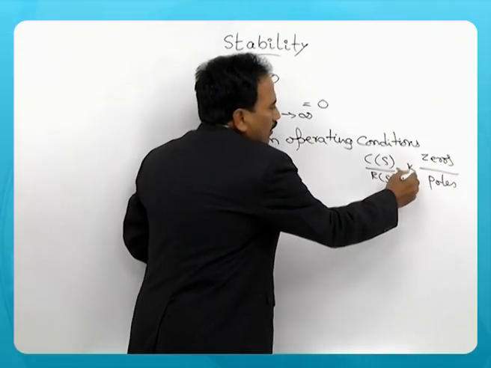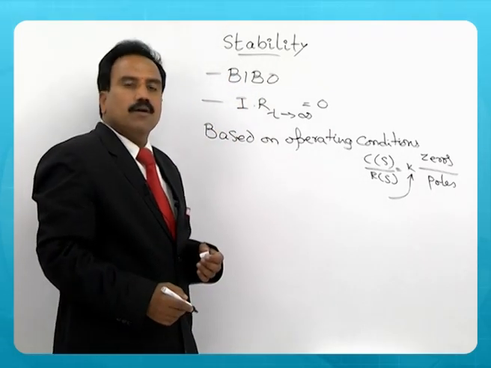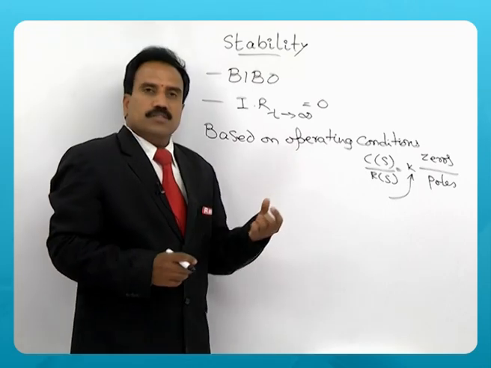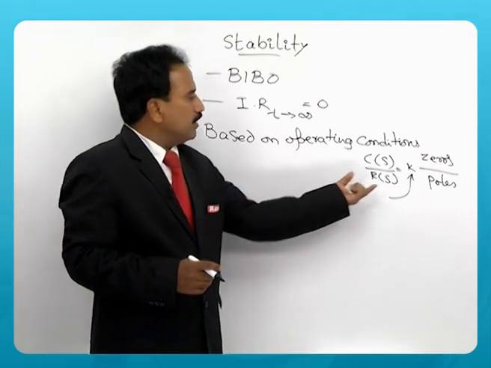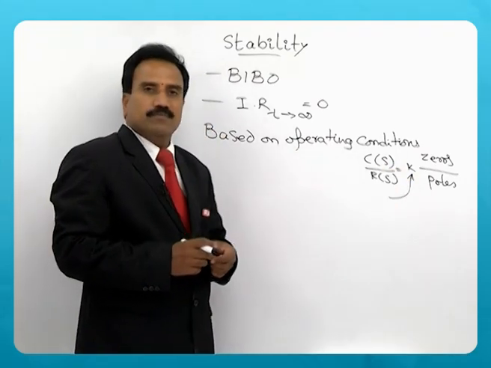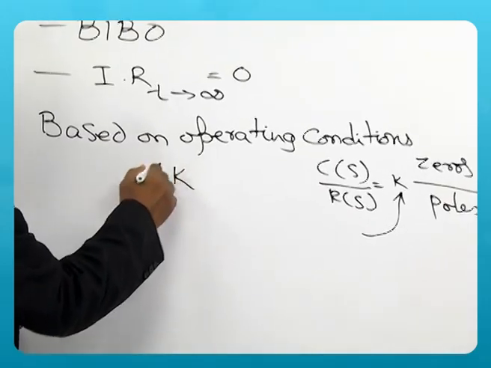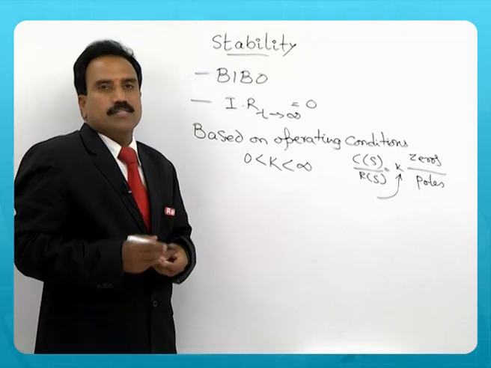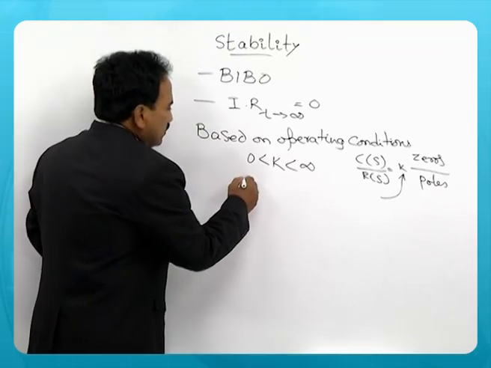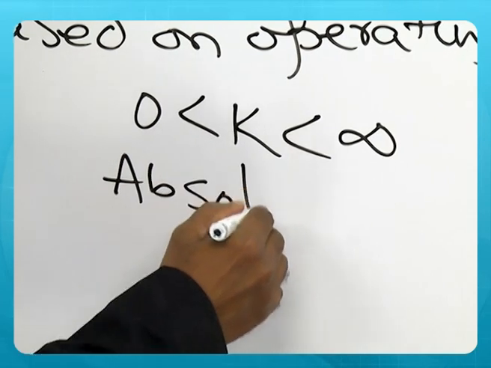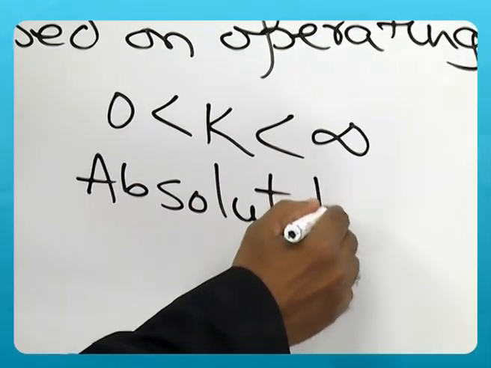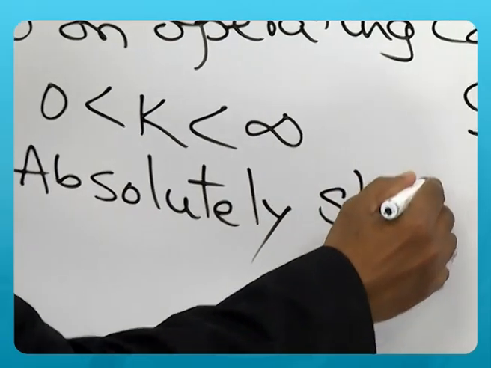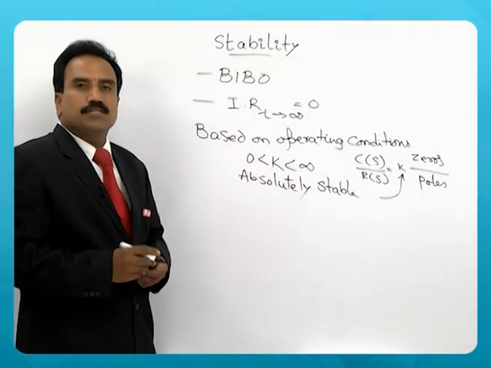Here K is a steady state gain or DC gain. Based on operating conditions means the system is stable for all the values of K. For example, if K lies between 0 and infinity, then we say that the system is stable, but it is absolutely stable. For all the values of K gain, if the system is stable, we say it is an absolutely stable system.